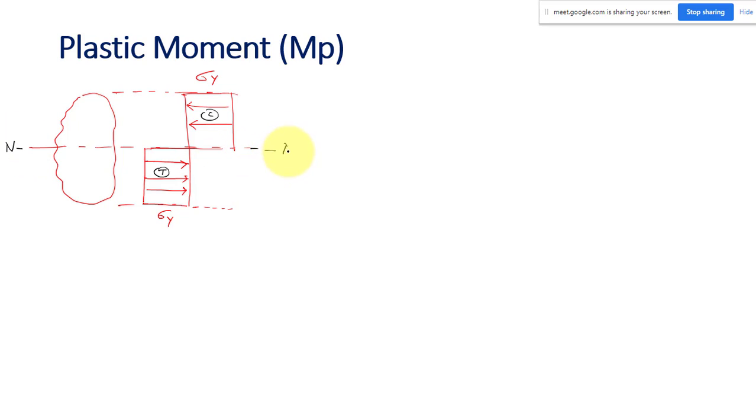Okay, plastic neutral axis. Let me call the area above the neutral axis A1, and the area below the neutral axis A2. Let me write here, A is nothing but the total cross-sectional area of your beam, so A is equal to A1 plus A2.